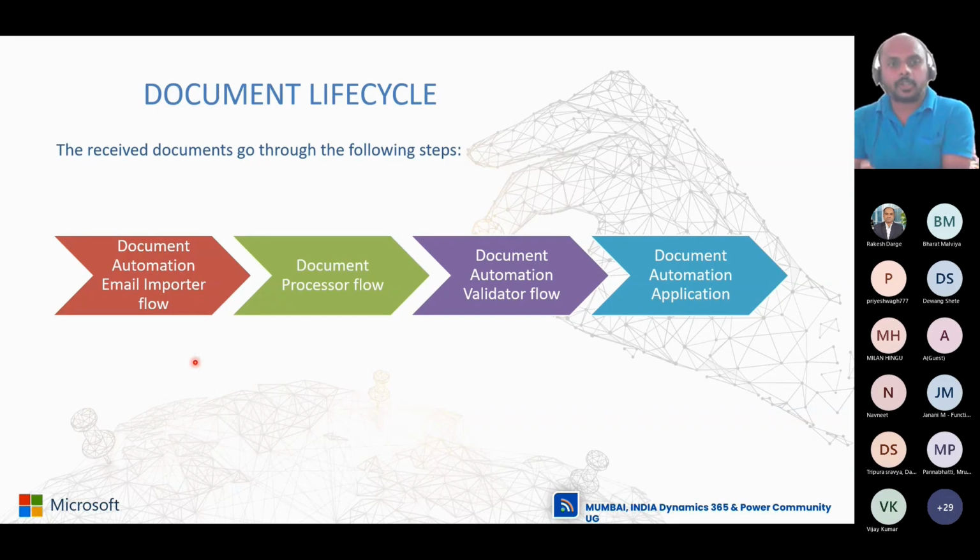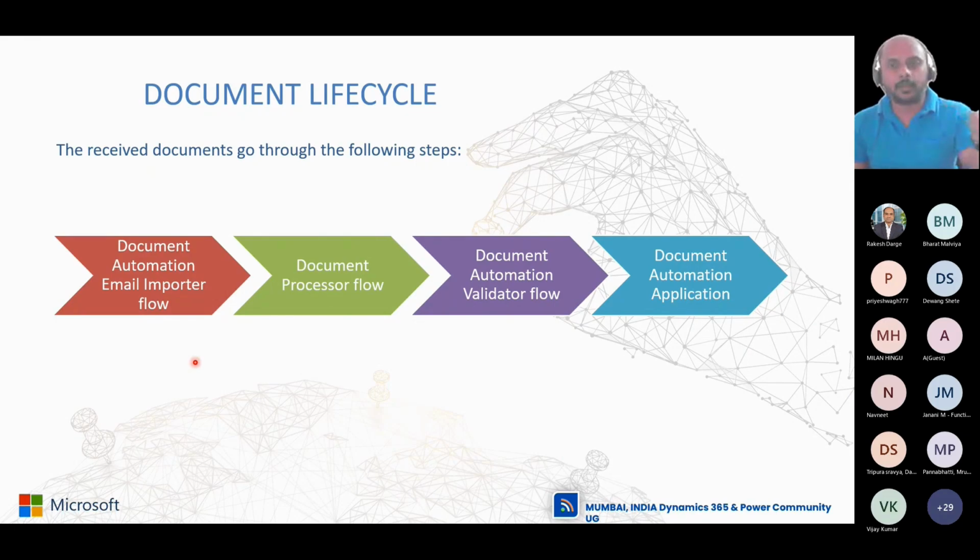Then it will add your document into the queue, and we are putting that into Dataverse. The entire toolkit uses Dataverse as its database. Then it also sets a status of extracting data. Throughout the entire process, we set different statuses against that document.